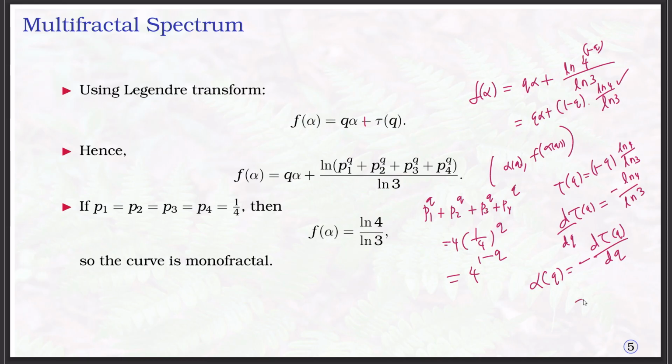Then one can get from here that alpha q is ln 4 by ln 3. Therefore the corresponding f of alpha is a single value.